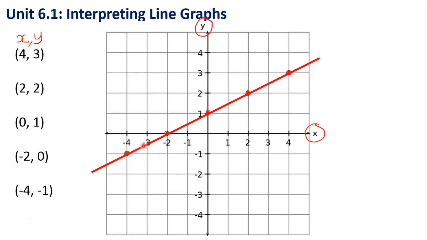So any point on this line carries two pieces of information. We've got an x-coordinate and a y-coordinate. So this line is just an infinite series of points that are all joined together. So any spot on the line, we can find an x and a y coordinate.